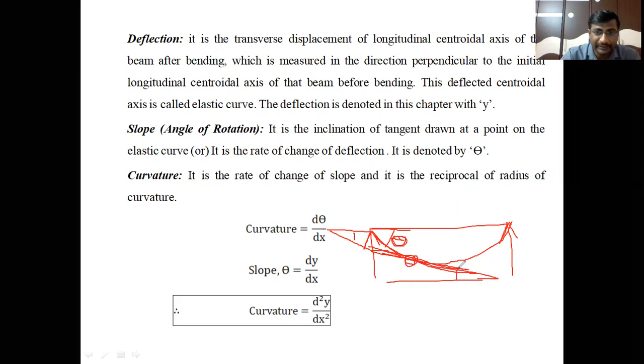That tangent makes an angle with the horizontal line, or the initial position of the beam, of theta. This theta is called the angle of rotation or slope at this point. Clear, students?